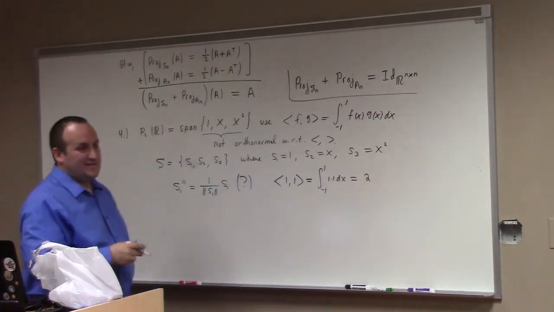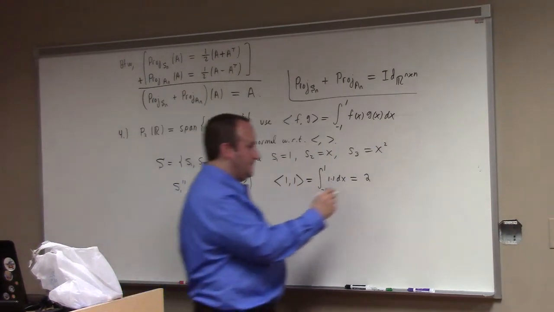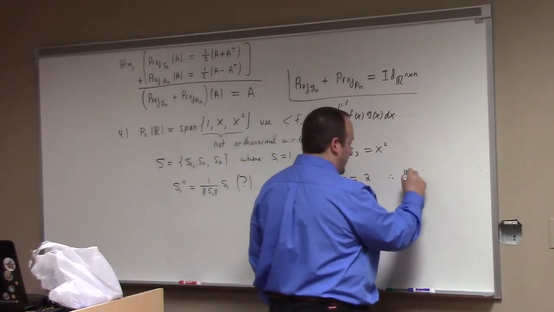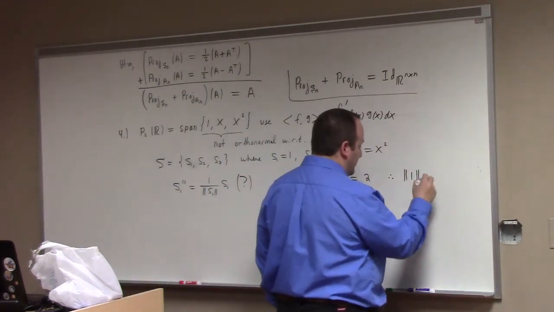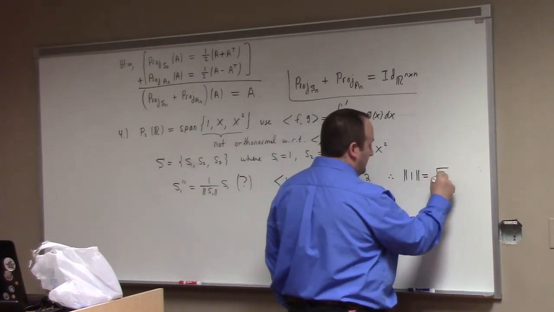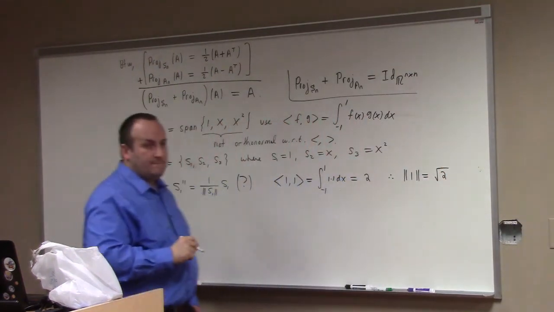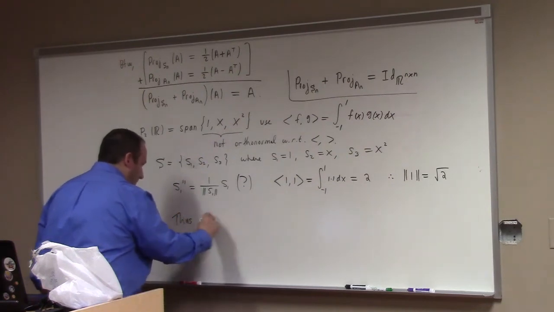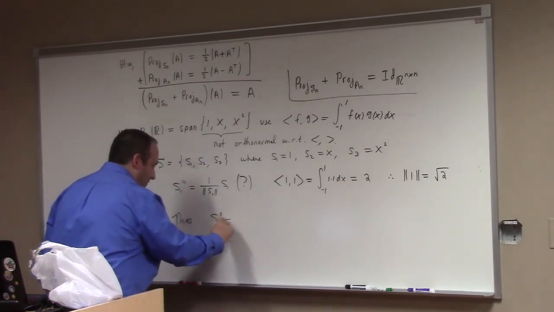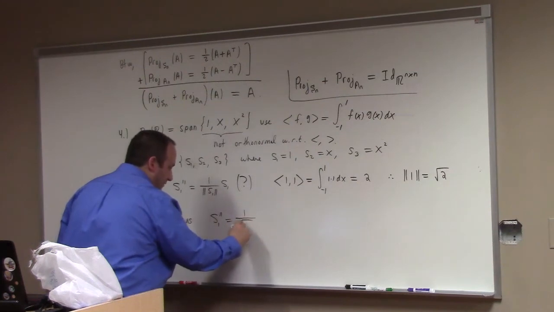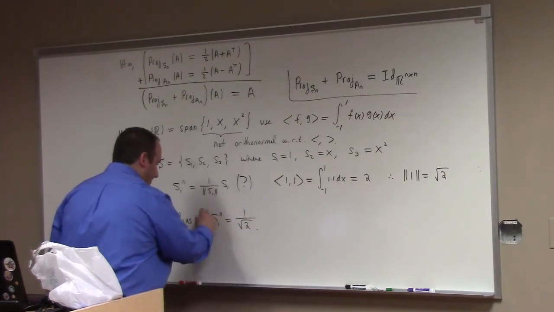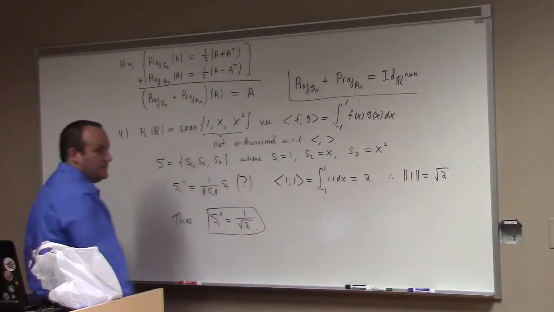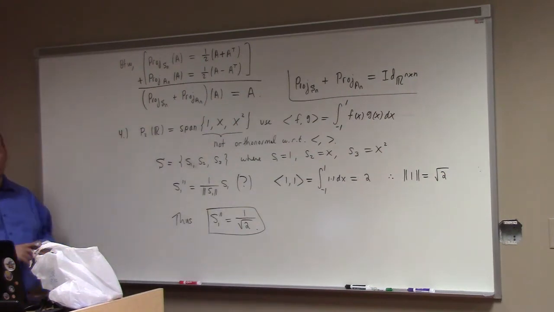So this says the length of the constant function 1 is the square root of 2. Thus, S1 prime prime is going to be 1 over the square root of 2. So there's the first normalized vector in my orthonormal basis for P2.